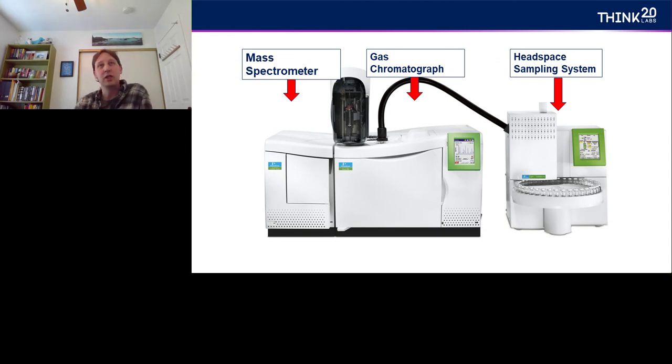And then the detector that we use in our analysis is called a mass spectrometer. So this allows us to get a mass spectrum of the target analytes, and it allows us to easily identify the compounds that we're looking for. So I'll get into that in a little more detail in a minute.